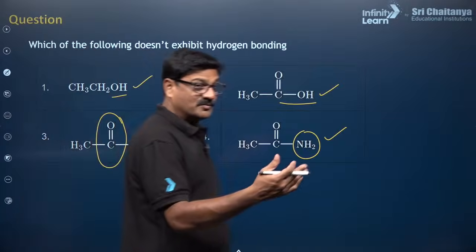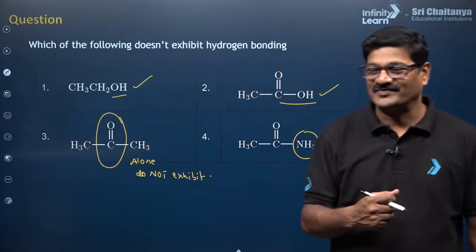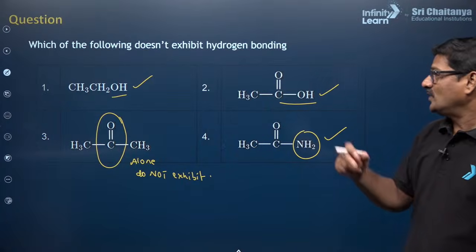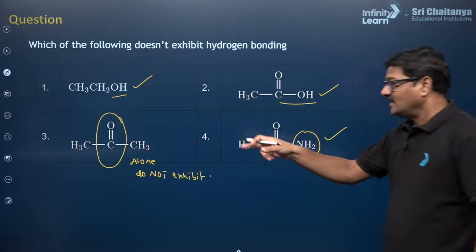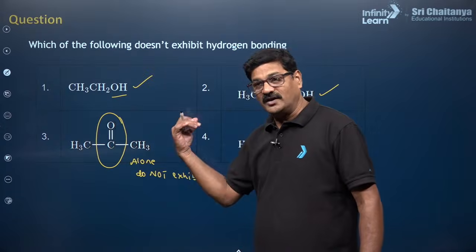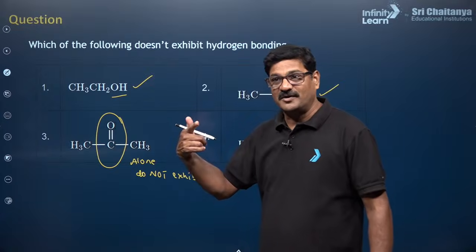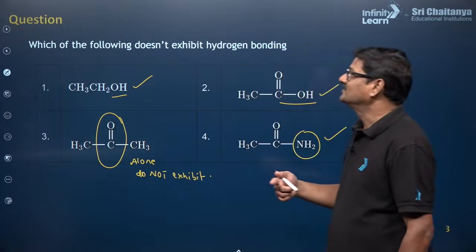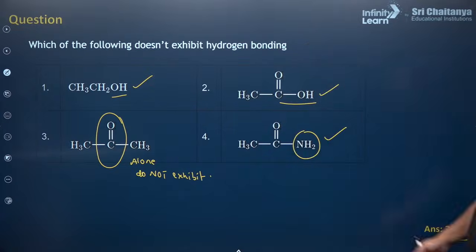Acetone can form hydrogen bonding if you mix with others. Okay. Solutions and colligative properties. Acetone and chloroform, negative deviation from the Raoult law. Remember? Yes, the answer is going to be the third one.